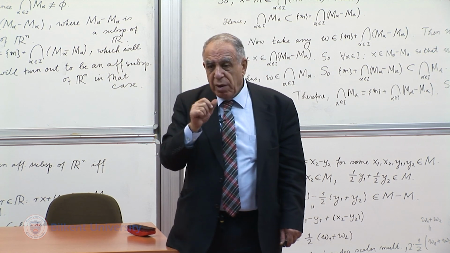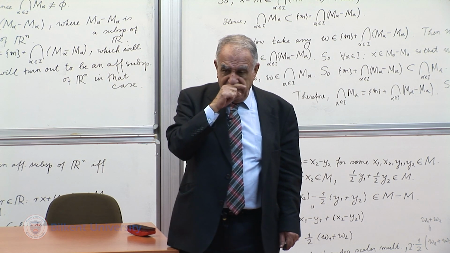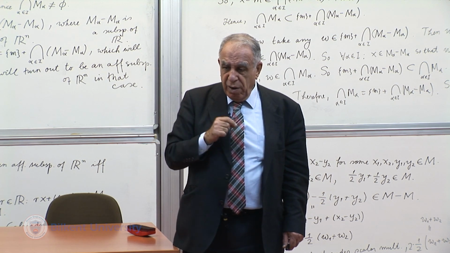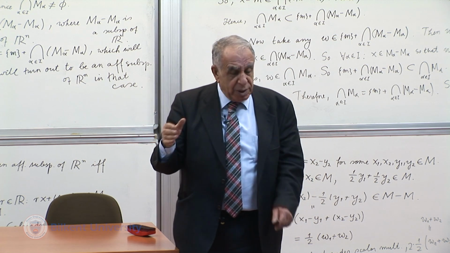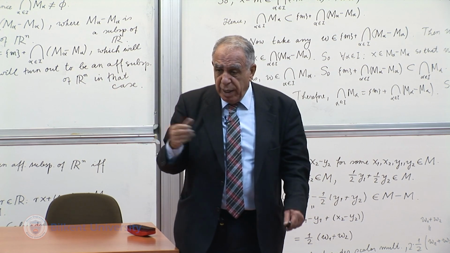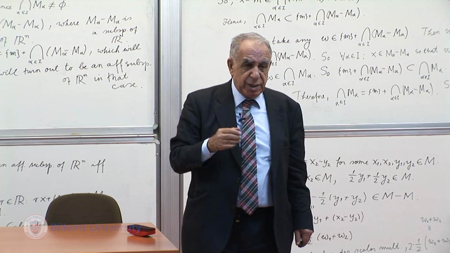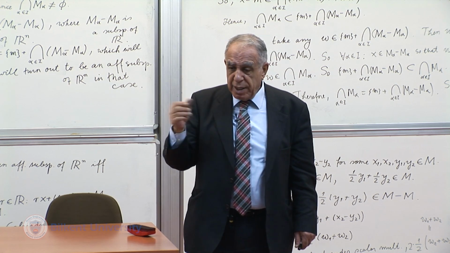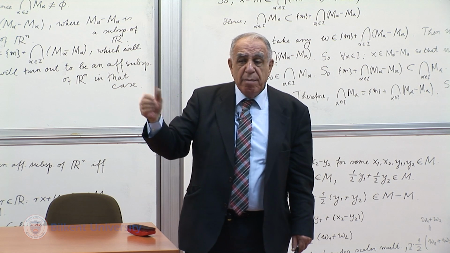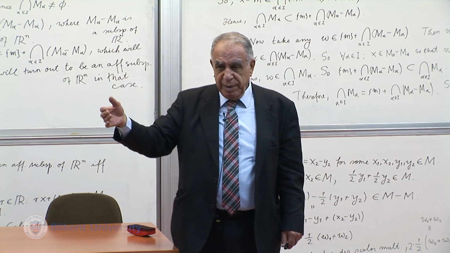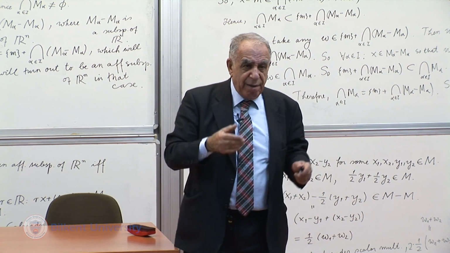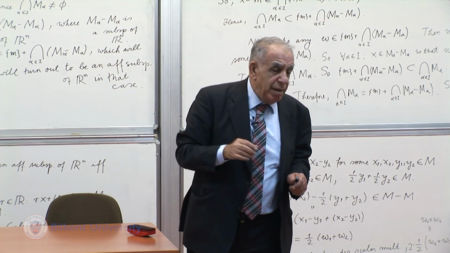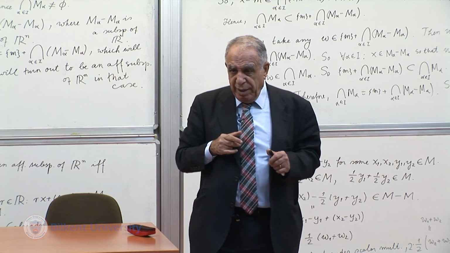Well, we already know that the convex hull consists of all convex combinations, which are linear combinations as well, but special linear combinations, convex combinations of finitely many members from S, the totality of them yields the convex hull of S. In fact, we have sharpened that result.